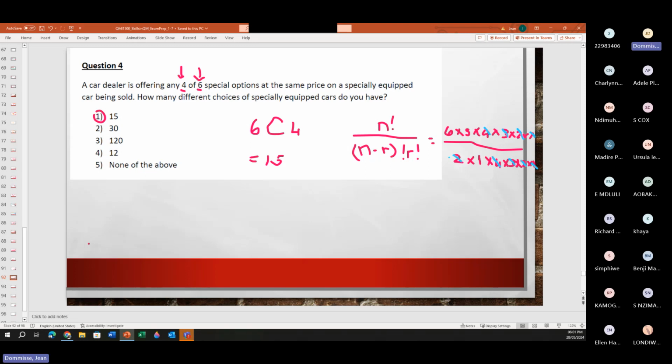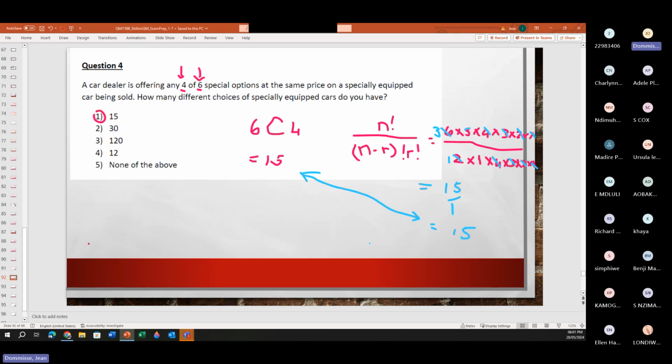2 goes into 2 once, 2 goes into 6 3 times. So at the top, we've got 3 times 5, which is 15. At the bottom, we've got 1 times 1, which is 1. So 15 divided by 1 gives us 15, which is exactly the same as we would have gotten on the calculator.